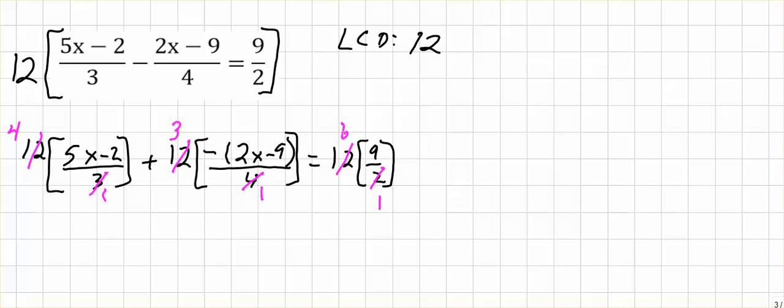So what we've done is, by multiplying by a common denominator, we have in essence removed mathematically those denominators. So then what we are left with is 4 times 5x minus 2, plus 3.